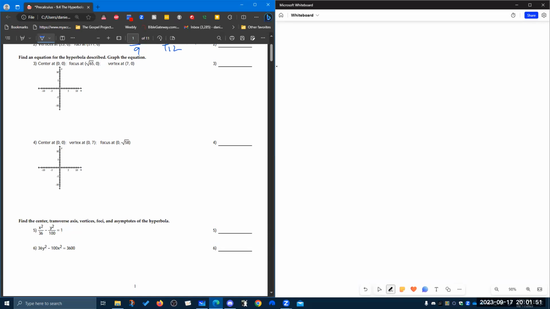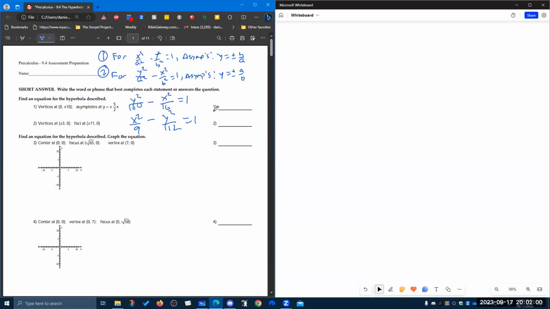So the center's at 0, 0 again. The focus is at √65, 0, which tells me that it opens to the left and to the right. So this first one opens left, right, and this opens up, down. I have that backwards. Sorry. This opens left, right, and this opens up, down.